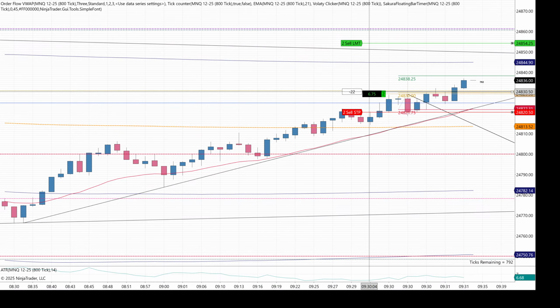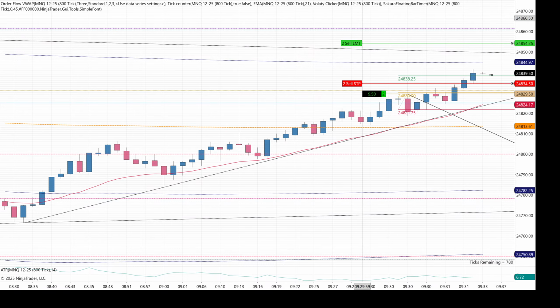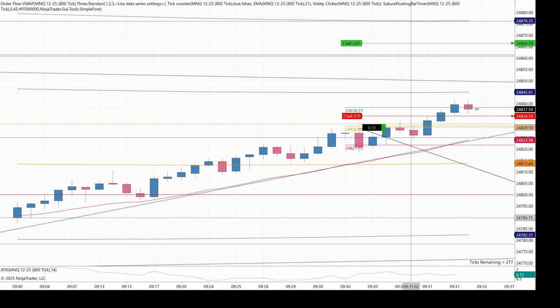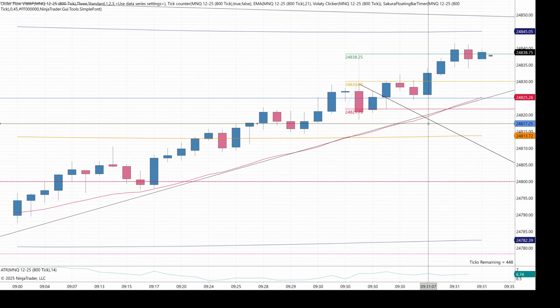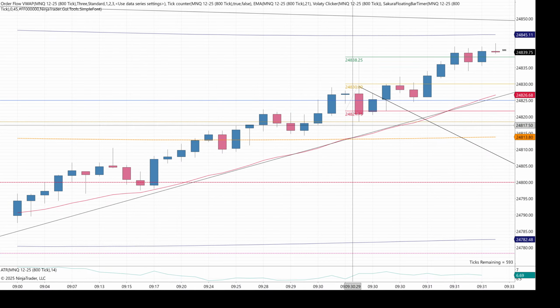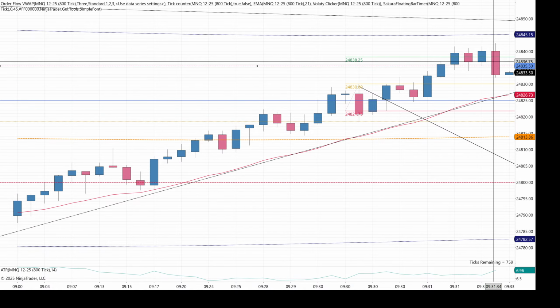Target was hit. Moved to break even for our runner. Locked in 5 points. My 5-point was stopped out before the runner could keep going, but that's okay. The runner was finally taken out right here.